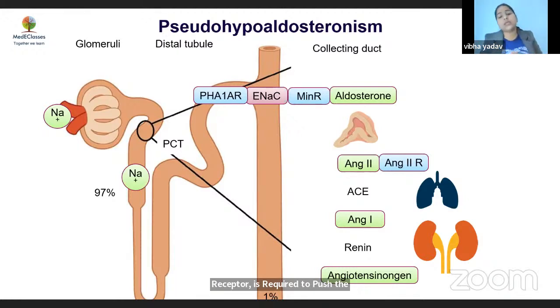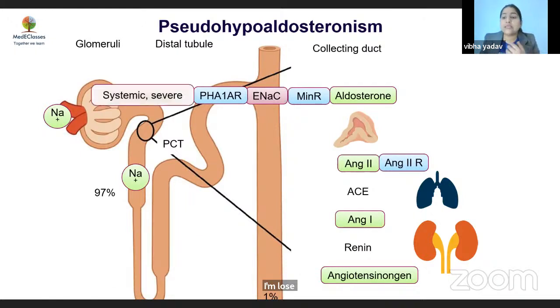If there is a problem in the ENaC channel, it causes PHA1, which is autosomal recessive, and it is a severe condition because it involves the kidney along with other systems like cutaneous, respiratory, and the GI. It presents with recurrent respiratory infections, rashes, blockage of the sweat glands, and loose motions.